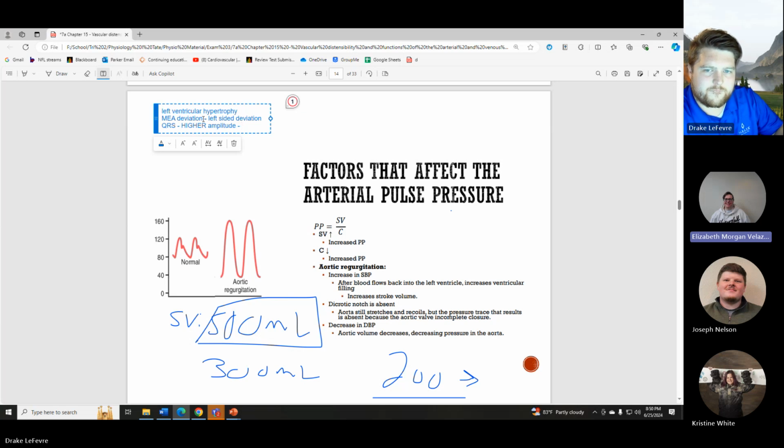I'm pretty sure it's 1.5 millivolts, but I don't remember how many boxes it is. So it's 1.5 big blocks, or I think it's 15 to 17 millivolts, so like 1.5 to 1.7 of the big blocks, or something like that.